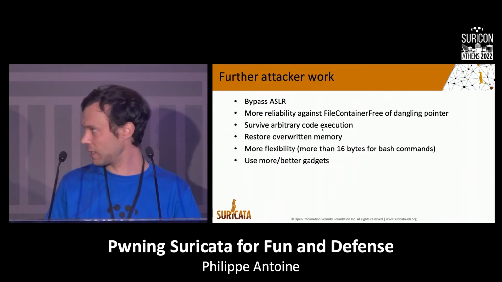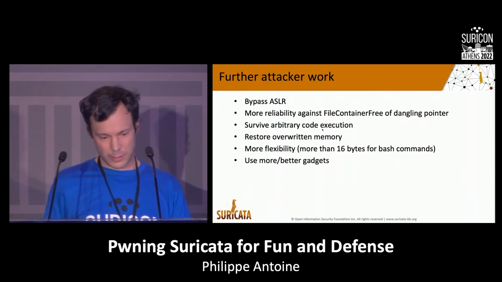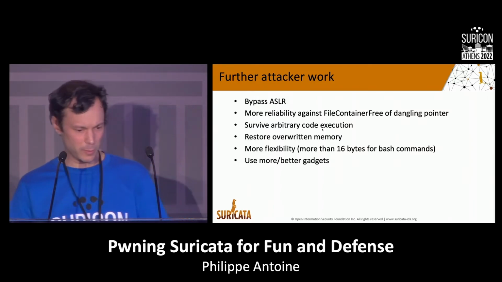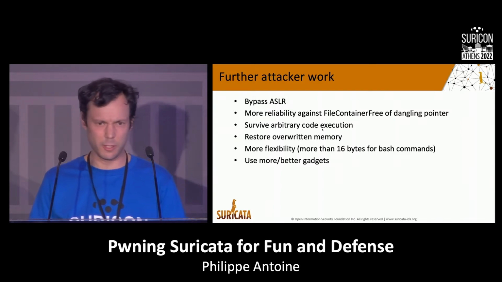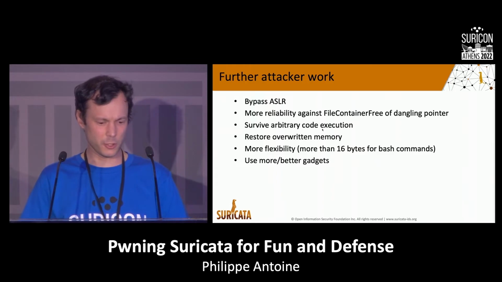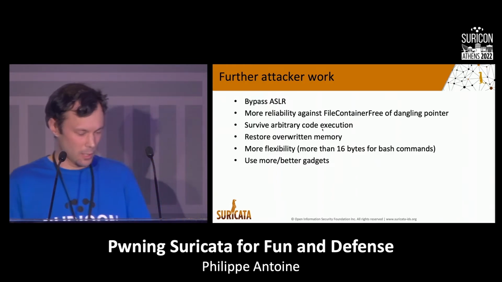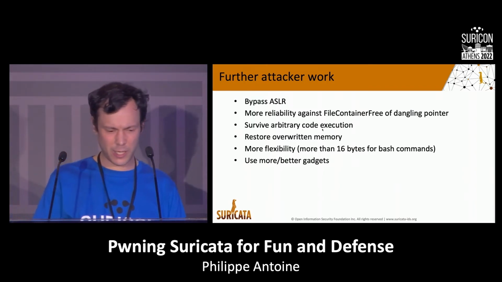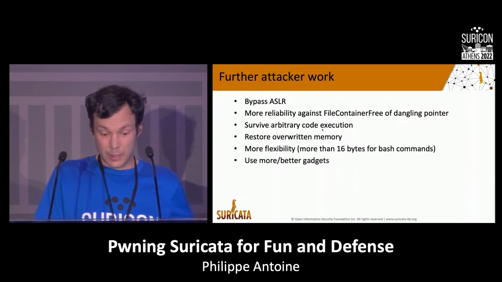So I can run arbitrary code and Suricata keeps running. That means restore overwritten memory, I guess, at some point. Maybe I want some bigger arbitrary code execution, more than 16 bytes or 15 for bash commands. And to do so, maybe I can find and use better gadgets.